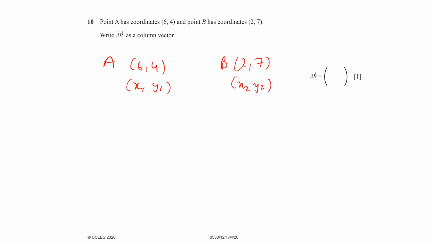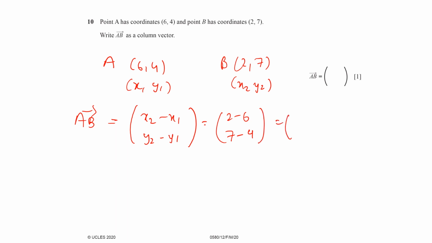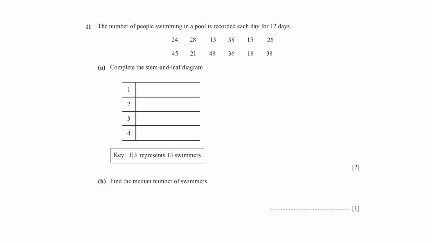Now how do we write a column vector? We write a column vector as x2 minus x1, y2 minus y1. So this is going to be AB vector. Now x2 minus x1 will be 2 minus 6, y2 minus y1 will be 7 minus 4. So it's going to be minus 4 and 3. Hence the answer is going to be minus 4 and 3, right?